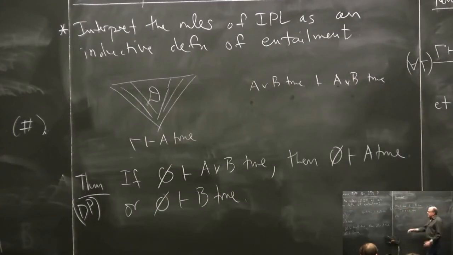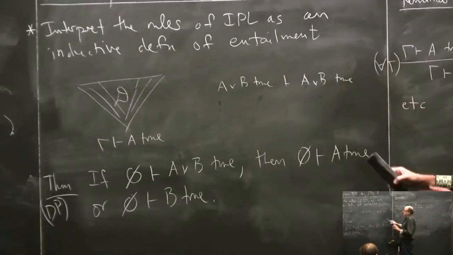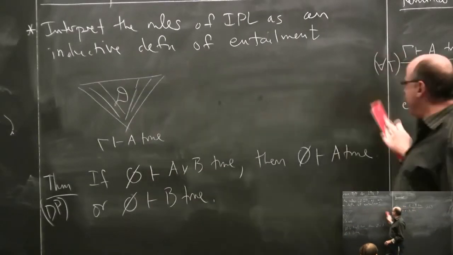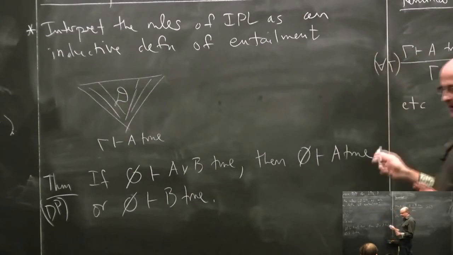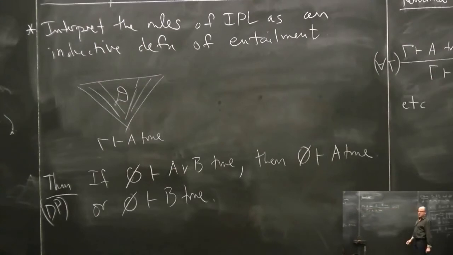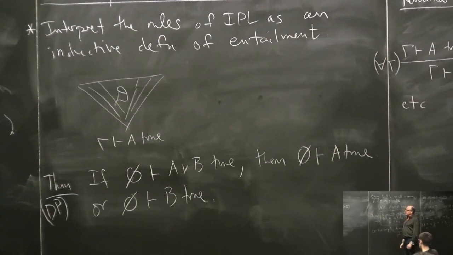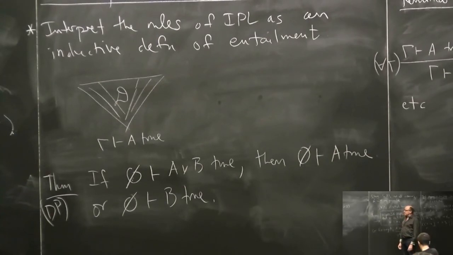So you don't get it for general gamma. One could possibly characterize the class of gammas for which one can get this, but never mind that. Let's say empty. That's what I'm going to be interested in, because that'll be enough to get me what I need for the law of the excluded middle. So this is the idea of the disjunction property.